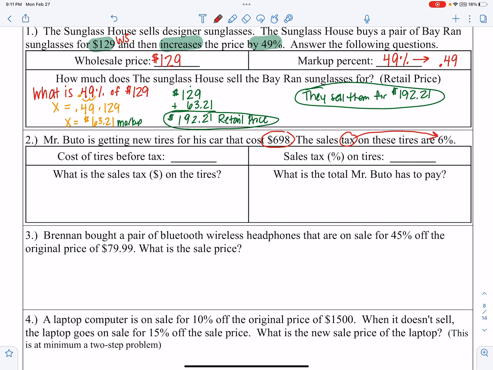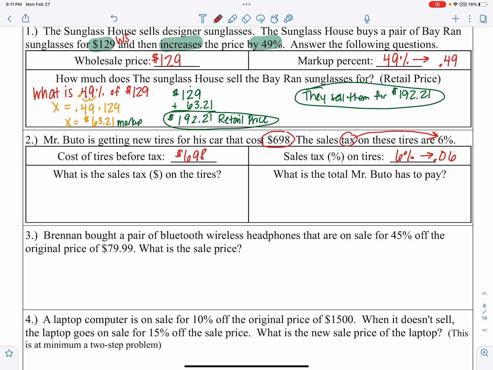So we're being given the retail price because it's Mr. Buto buying tires, not a company. So the cost of the tires before tax are $698. And the sales tax is 6%. And I'm going to go ahead and draw my arrow, do my 2 swoops to the left, divide by 100, and we have 0.06 as a decimal.